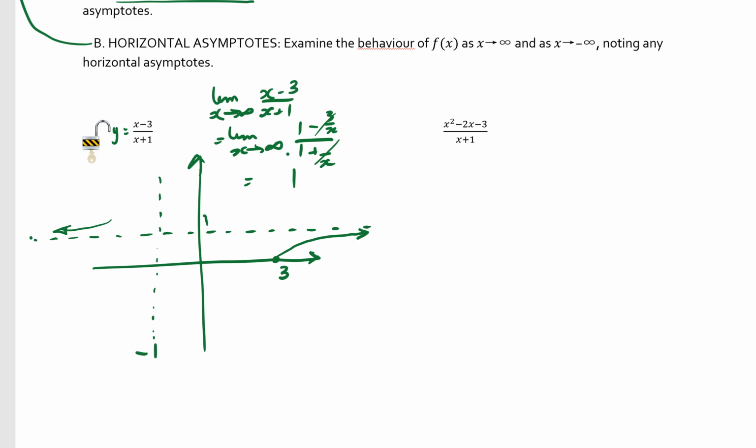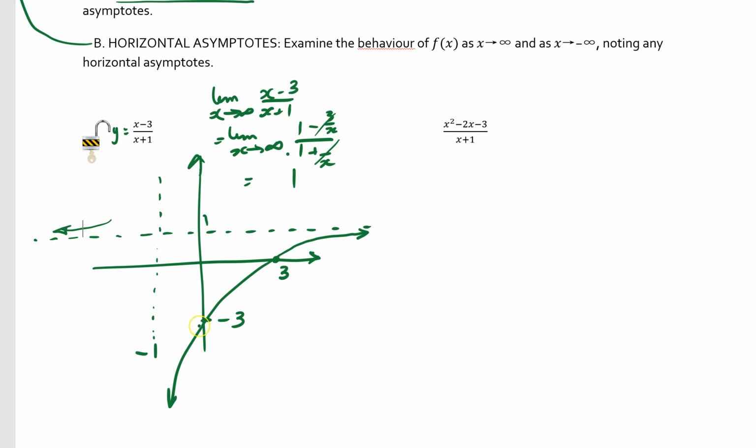Now your understanding is probably pretty good at this stage that if I also find the point, which I neglected to do earlier on, where we cut the y-axis, where x equals 0, that will be at -3. Then we're going to go down like that, because as we get closer and closer to -1, when we're a little bit less than -1, this number is going to be a tiny positive number, but our number up the top will be a negative.